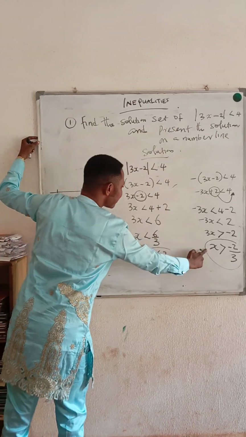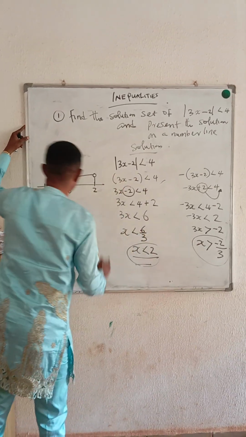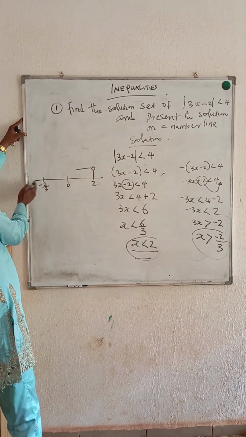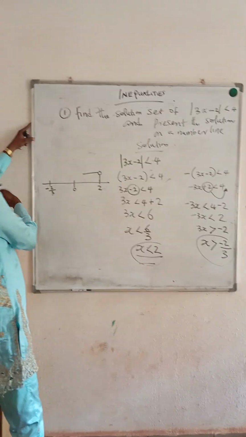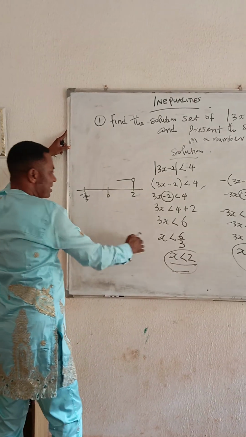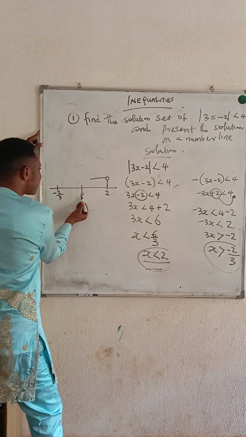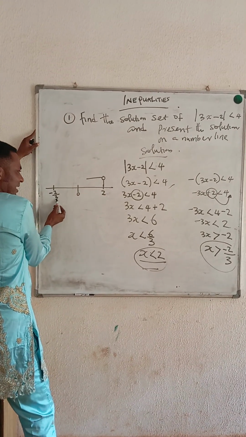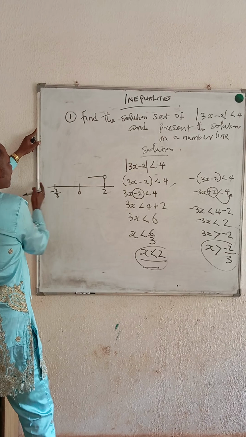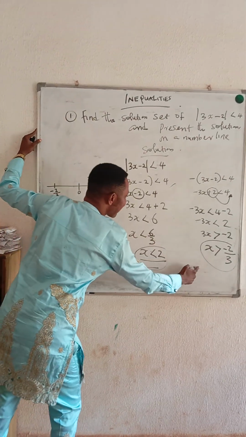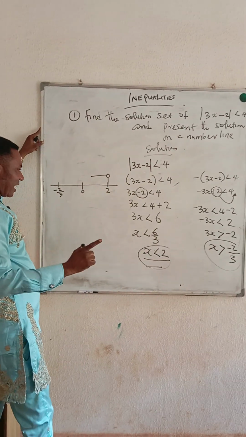Now, the other one, x is greater than minus 2 over 3. For x to be more than, we go this side because 0 is more than minus 2 over 3. But when you go to the right, you are saying x is less than minus 2 over 3.